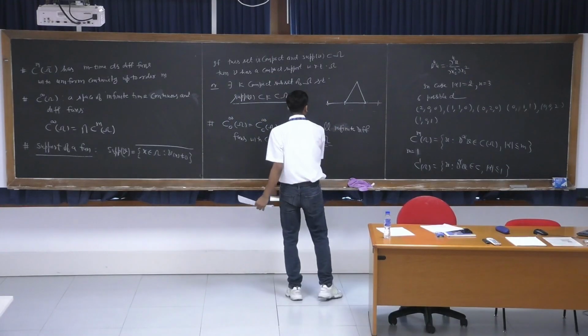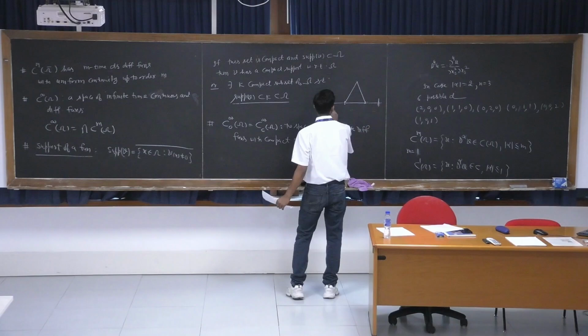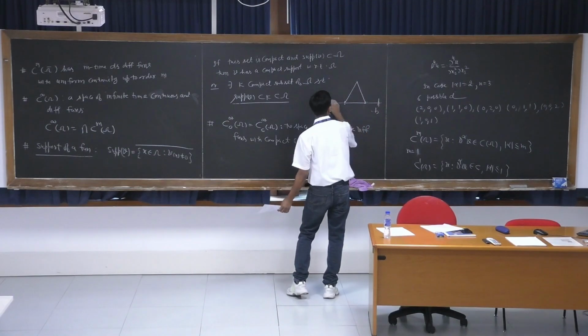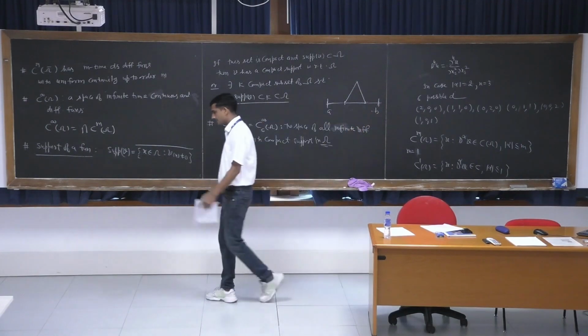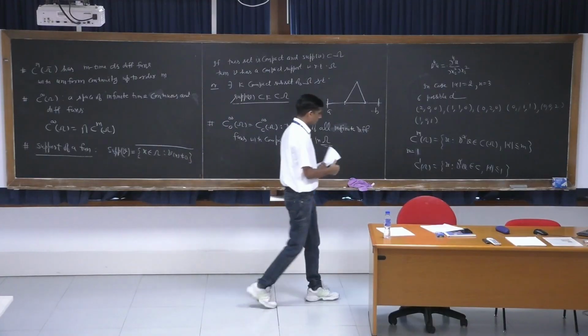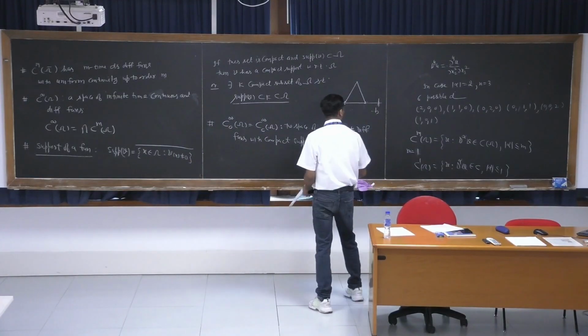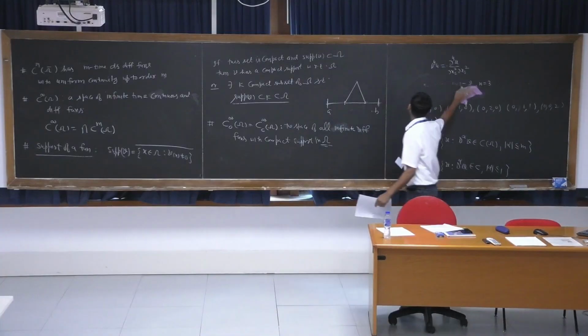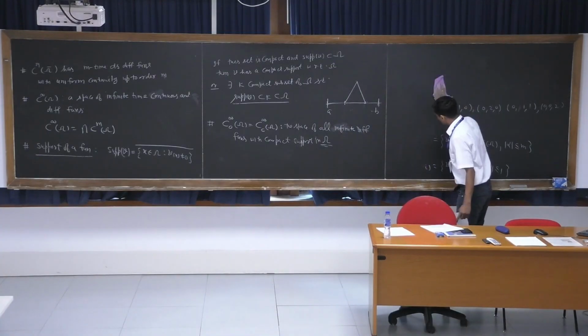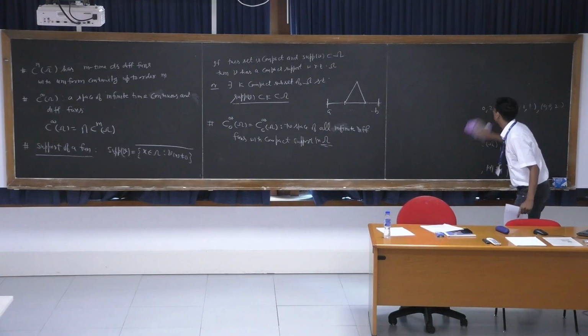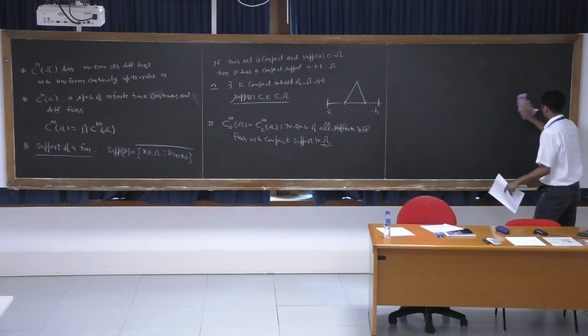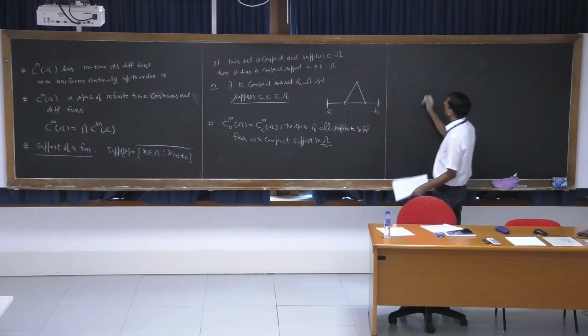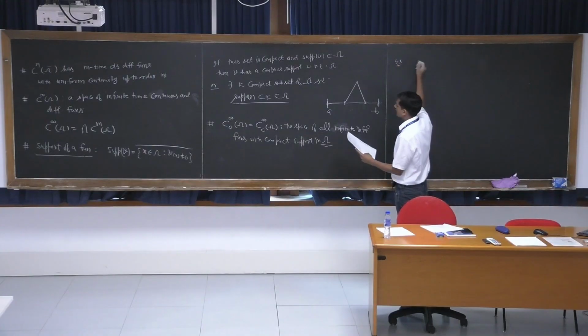So what I am saying, this is our domain A to B. So this function has compact support over the domain A to B. I can give one more example of this, if you want to see. Domain is here.